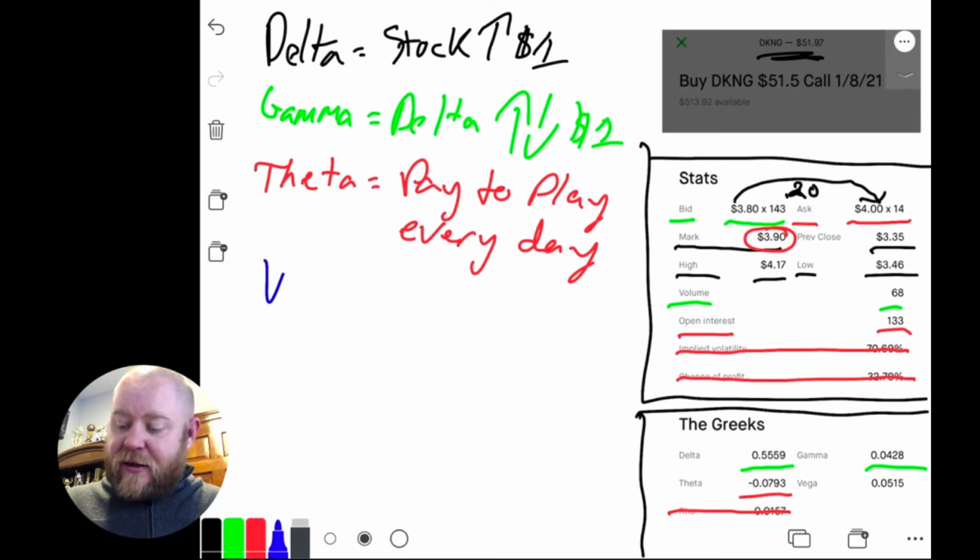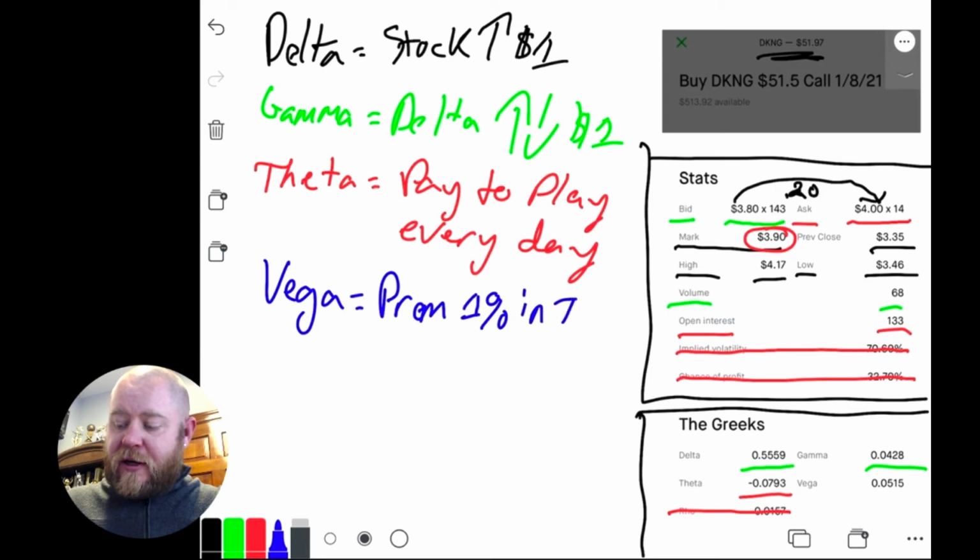And then lastly, there's Vega. Vega is how much the premium is going to be affected by a 1% change in implied volatility.